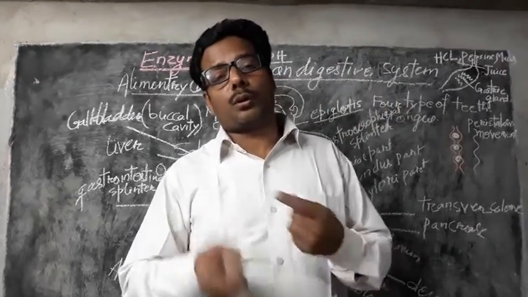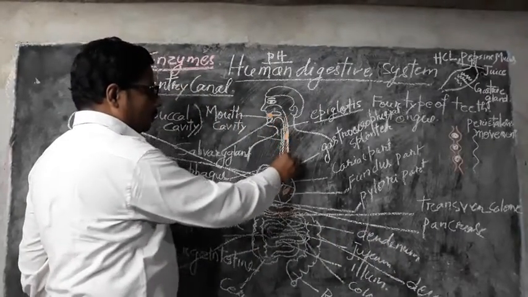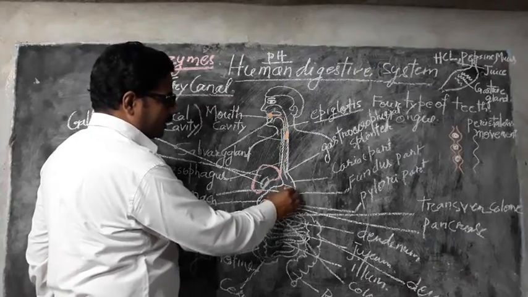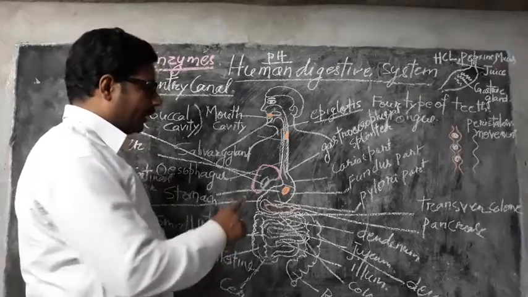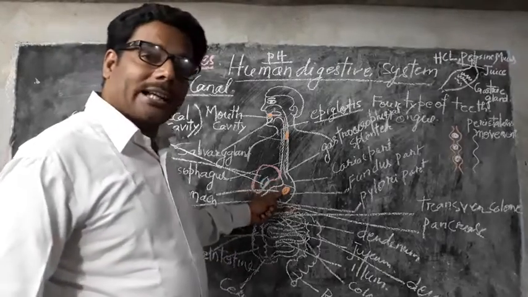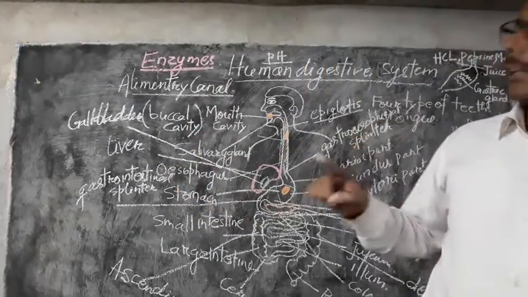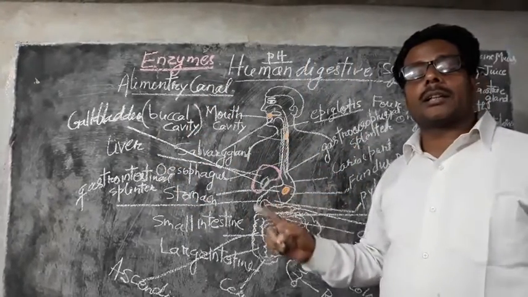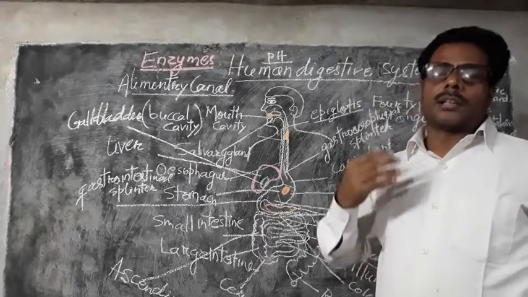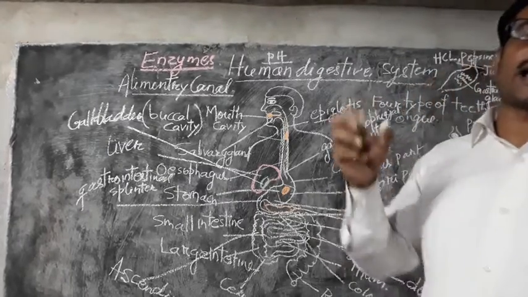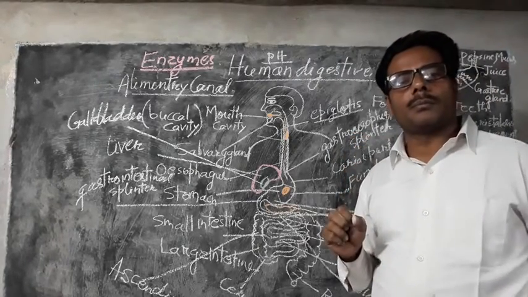So our food, passing through the mouth and the esophagus, reaches where? Our food reaches the stomach, where the HCl acts on it, and thereafter it gets converted into a simpler form.